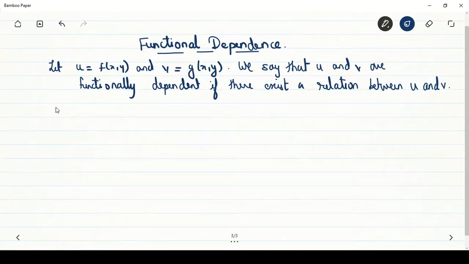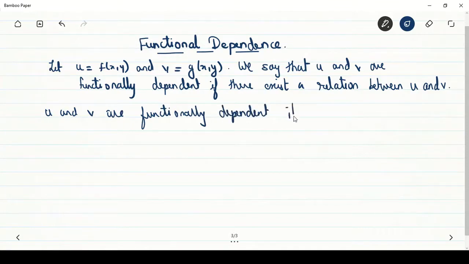The condition for functional dependence is that the Jacobian of u, v with respect to x, y should be 0. So u and v are functionally dependent if the value of the Jacobian, that is ∂(u,v)/∂(x,y), is 0.